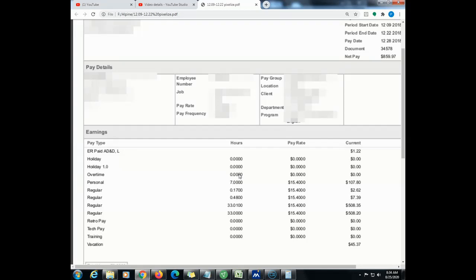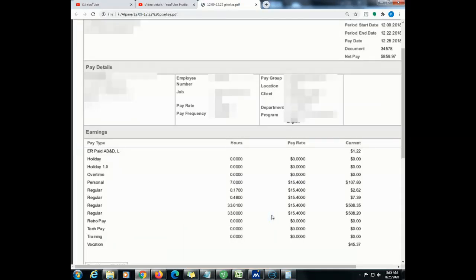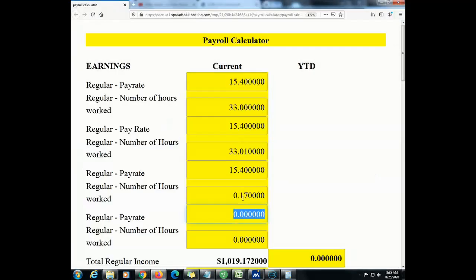Should you work less than an hour on one particular day, it might be listed separately. So let's say you worked a total of 0.17 hours on one particular day. In the second week, you worked a total of 0.48 hours on one particular day.